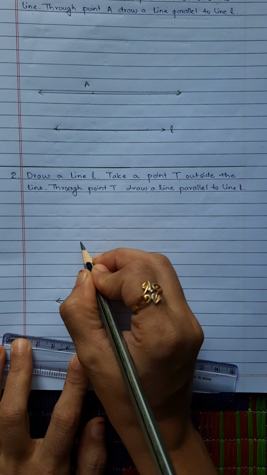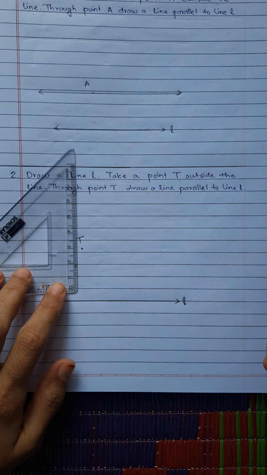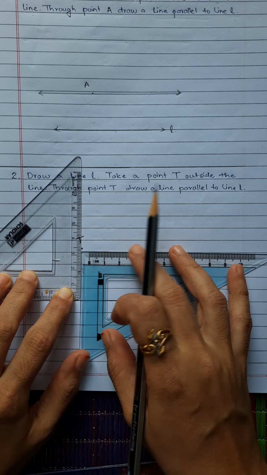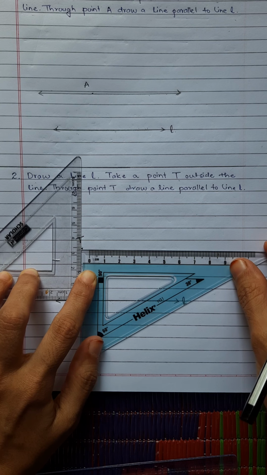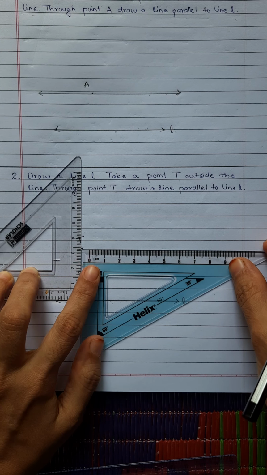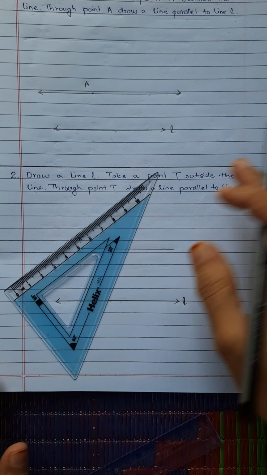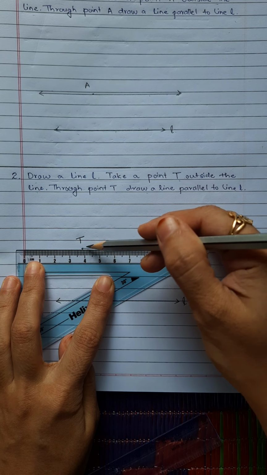Again use two of the set squares. One set square in this way, keep it on the line touching point T. Another set square in this way, touching this set square and point T. Then draw a line this side, extend it this side.